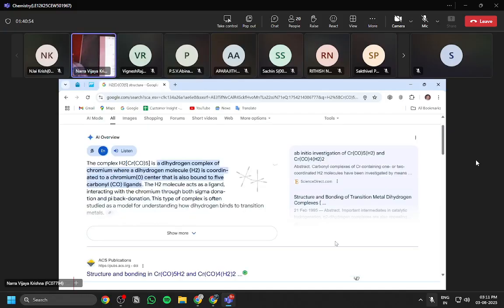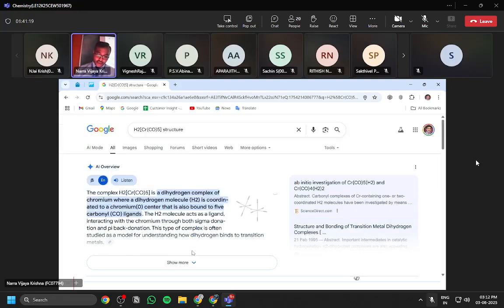This is the complex. Right? Where an H2 molecule is coordinated to chromium, where 5 carbon monoxides are present, plus one H2 molecule bonded to it. H2Cr(CO)5. One more. What is it?